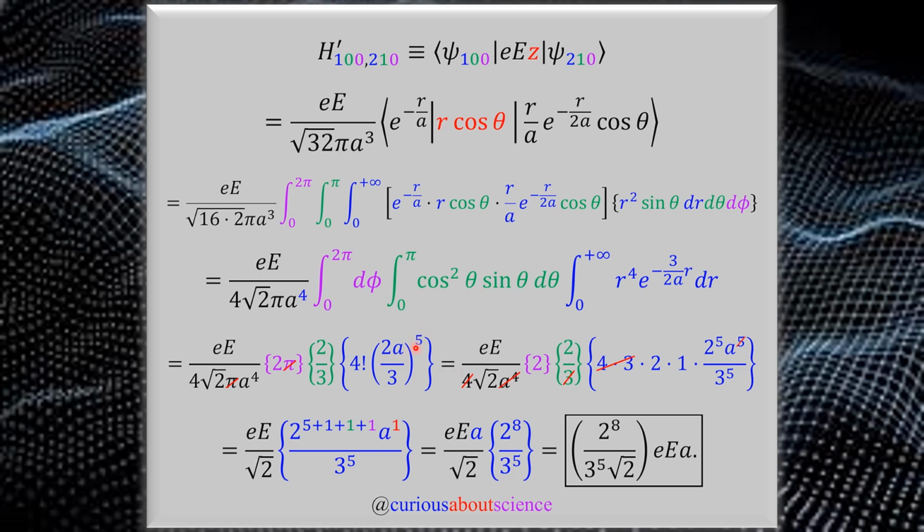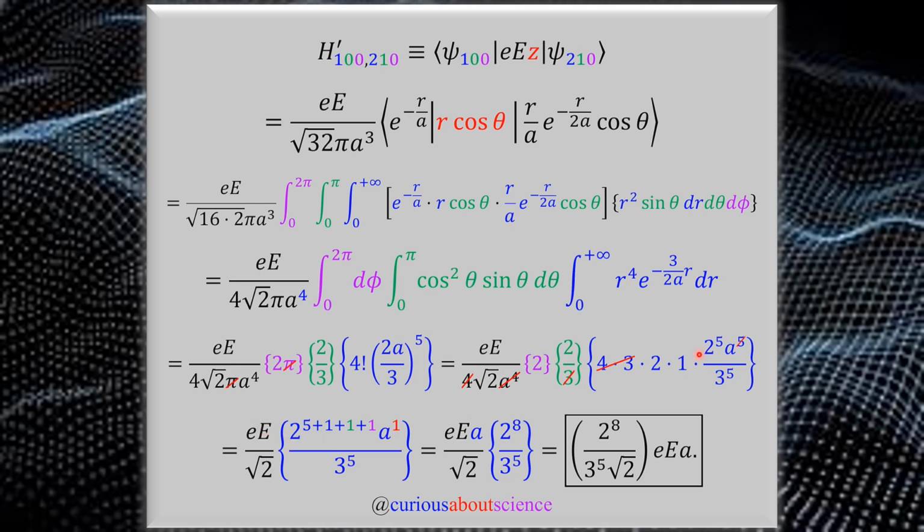And then we could apply this 5th power to 2a and 3 independently. Upon doing so, we see that this 4 and that 4 cancel. Green 3 and blue 3 cancel. All a to the 4th down here cancels with 4 of them up here. So then we can combine these into all one term. Note here that e, little e, big E, root 2 stay out front, no big deal.